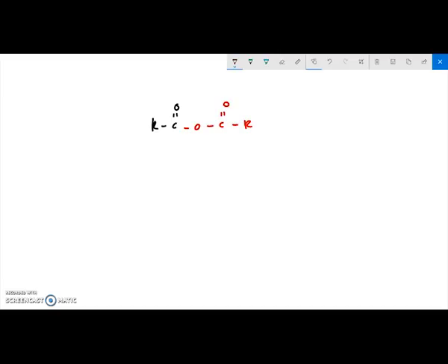So there are two types of acid anhydride. The first one, we call a symmetrical anhydride, while the other one is unsymmetrical anhydride. How to distinguish between them: if we divide the structure into two sides, we can have a mirror image between each other.